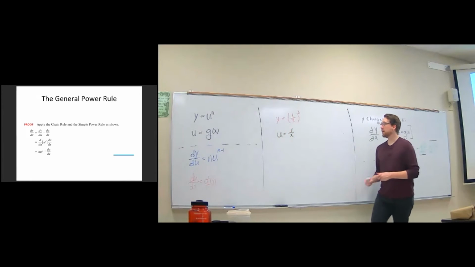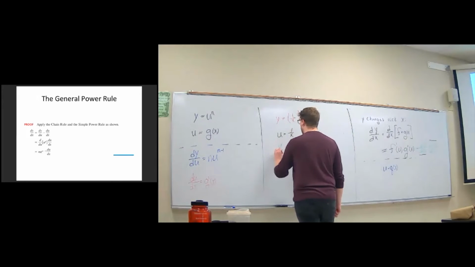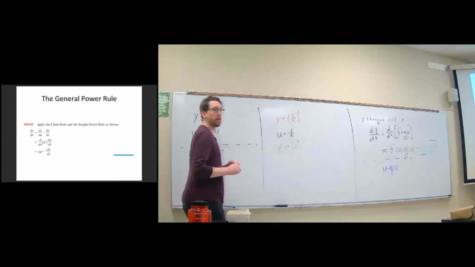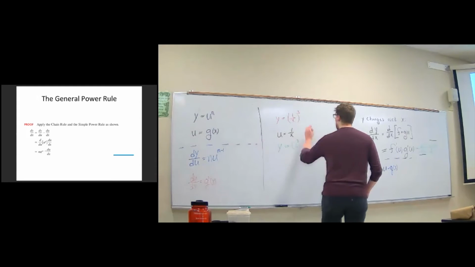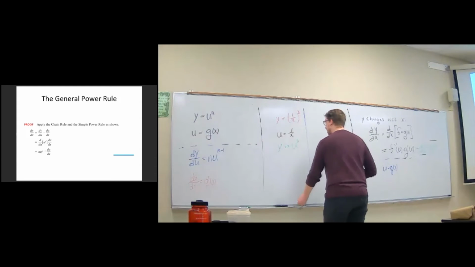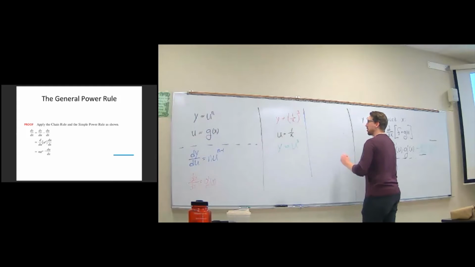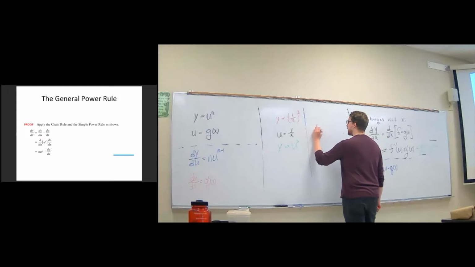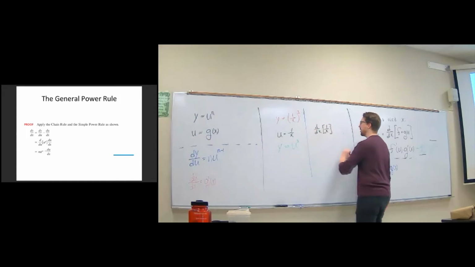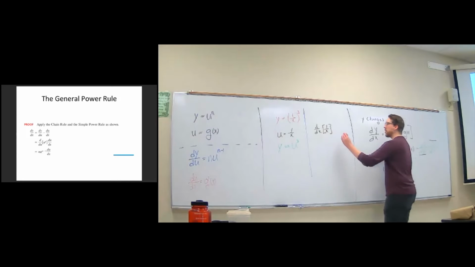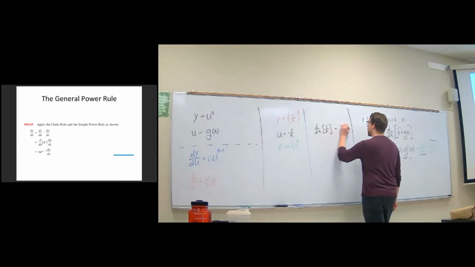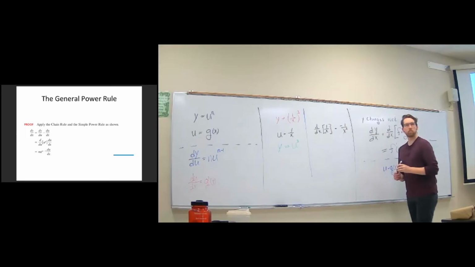So that tells us that y is equal to u to the third power. Agreed? So what's du/dx? This is going to end up being negative 1 over x squared, right? Agreed.